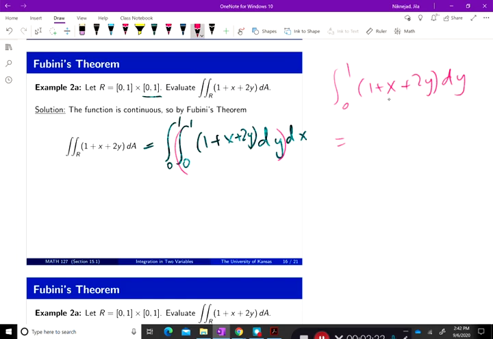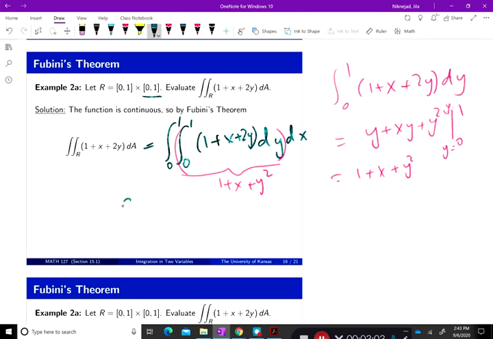The integral of 1 is y, the integral of x is xy, and the integral of 2y is y squared, evaluated from y equal to 0 to y equal to 1. So y equal to 1 gives me 1 plus x plus y squared, and y equal to 0 gives me 0.